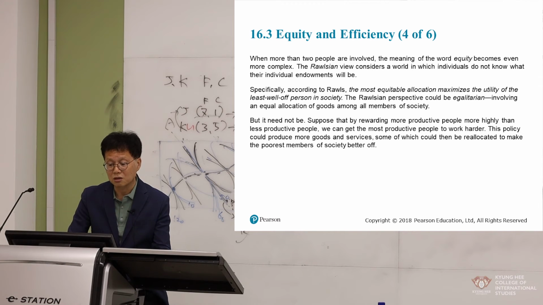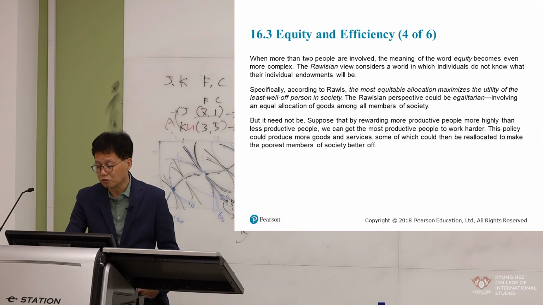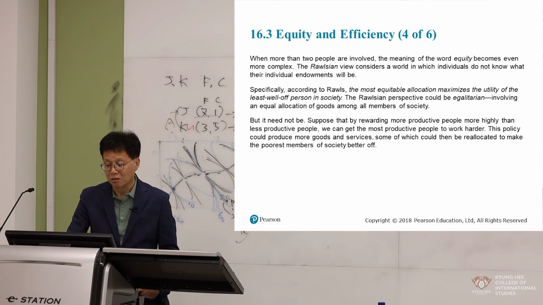Simply speaking, equitable allocation means maximization of the utility of the least wealthy person, the poorest person. That is the Rawlsian view of equity. The Rawlsian perspective could be egalitarian, involving an equal allocation of goods among all members of society. But it need not be.